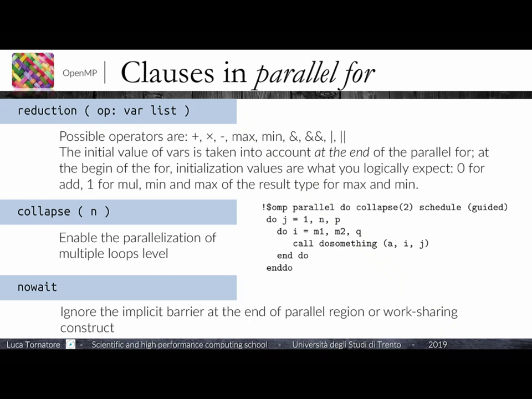However, with this collapse, you instruct the compiler to restructure the loops so that this one is parallelized too. Because what happens without the collapse is that what you are dispatching to the different threads is an entire loop, because you are parallelizing the outer loop.